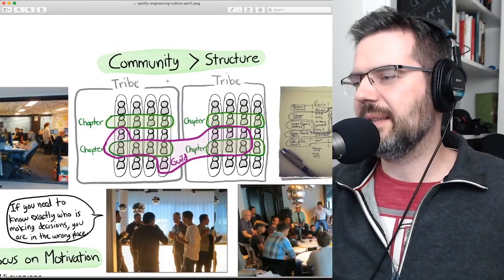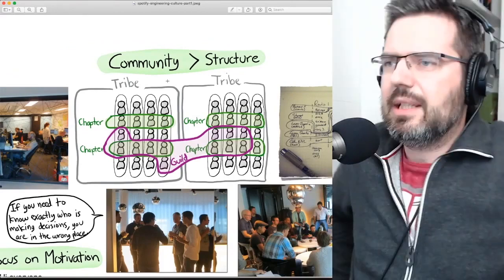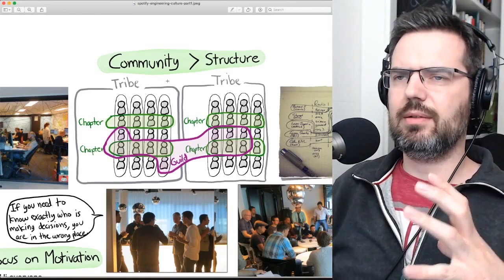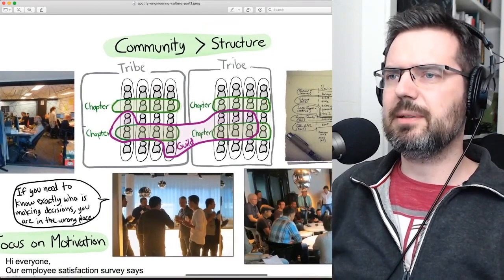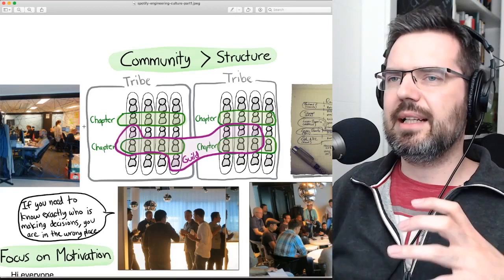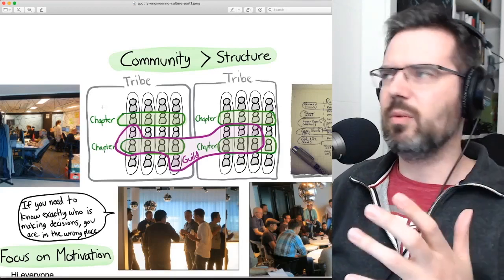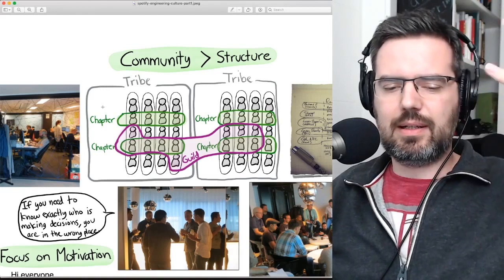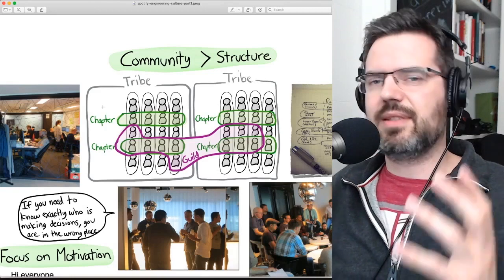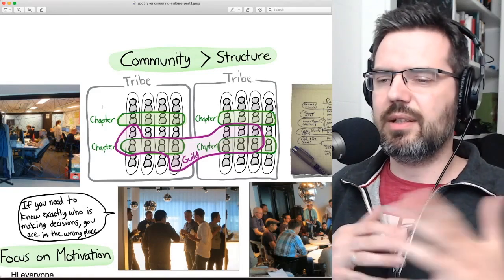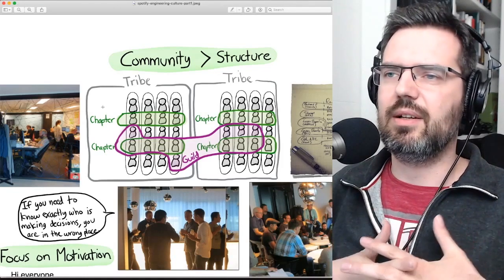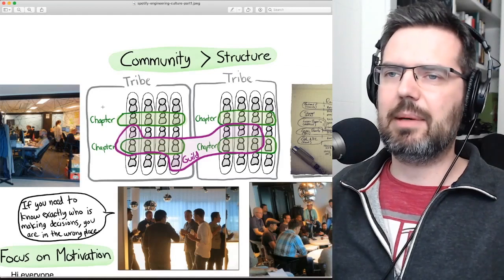What I also like about how they are working is that community is bigger than structure. So within your squad, you have different people who are working on different stuff. Let's say if you stay with data engineering, you have some database experts, some networking experts, some server experts, some experts that are working on streaming pipelines and so on.